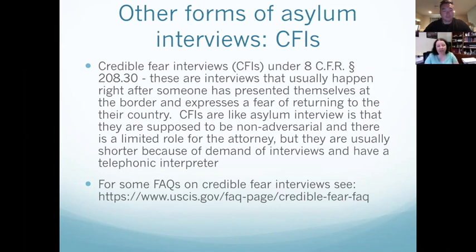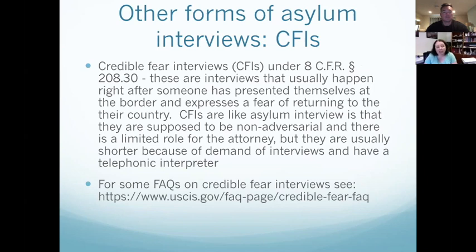And credible fear interviews are kind of like asylum interviews light, in the sense that they're supposed to be non-adversarial. There's still this kind of limited role for the attorney. But in my experience, they are a lot shorter, and the asylum officer usually writes the transcript as they're going, and then gives that transcript to the person right after the credible fear interview is done.